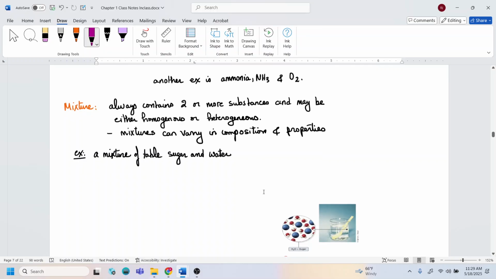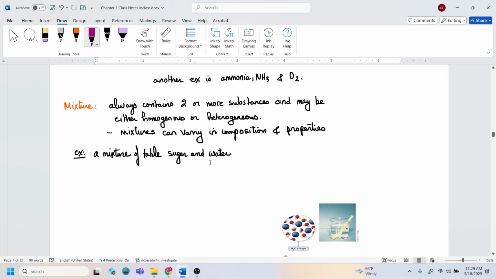On the other hand, mixtures always contain two or more substances, and they may be either homogeneous or heterogeneous. It depends on the type of the mixture. Mixtures vary in composition and they vary in properties. Let's have an example. A mixture of table sugar and water.